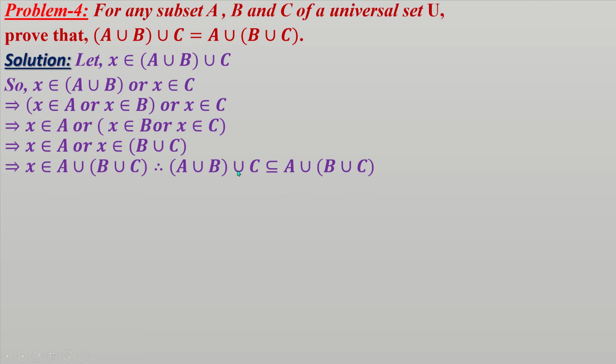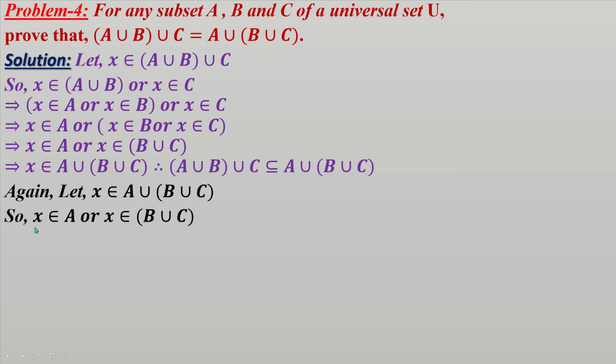Therefore, A union B union C is a subset of this. Again, let X belong to A union B union C. Same process: X belongs to A or X belongs to B union C. Here it is union, so here it will be only or.